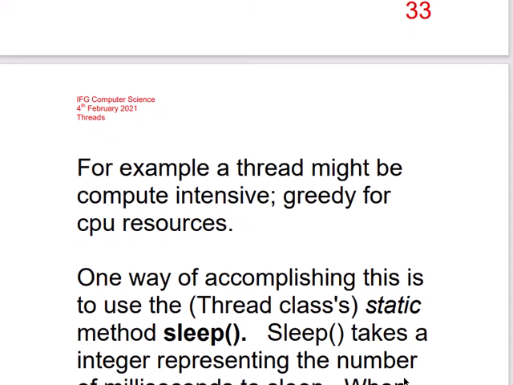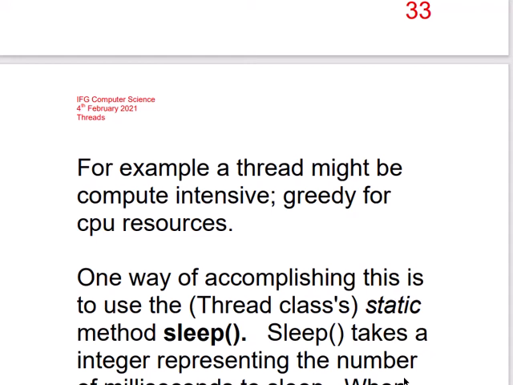But you can't actually determine which of the other waiting threads will run. For example, a thread might be very compute intensive. It's doing a great deal of work, and maybe it's using a lot of resources, whether memory resources or internet resources or whatever. Very greedy.